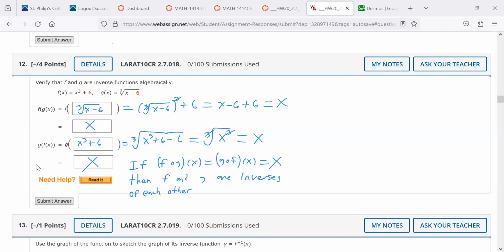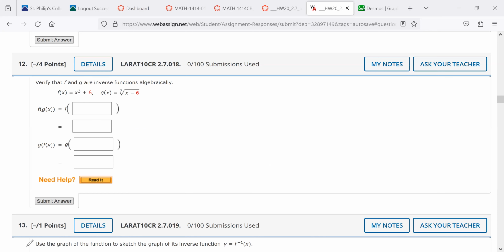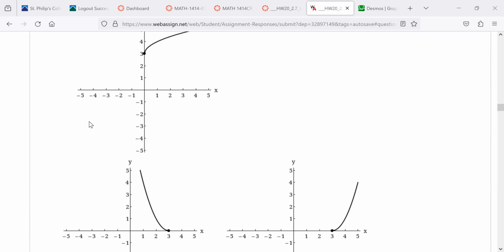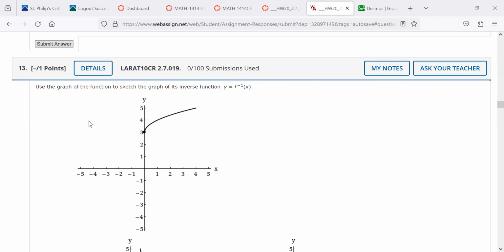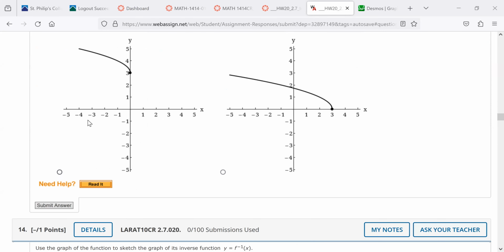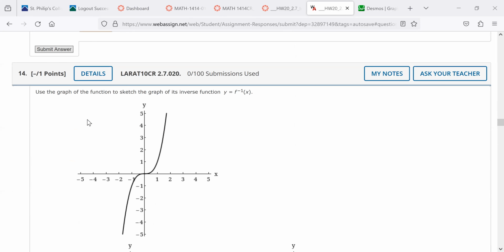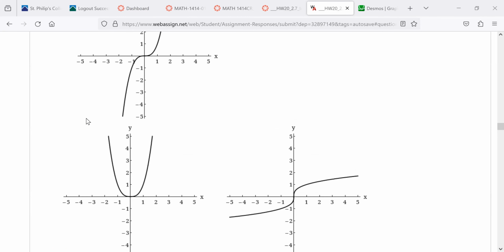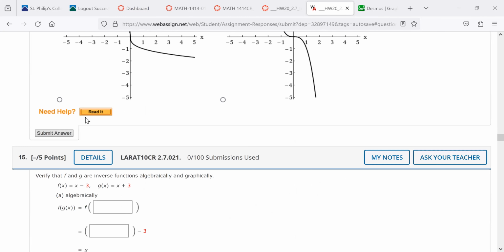Okay. These are just graph questions. Okay.